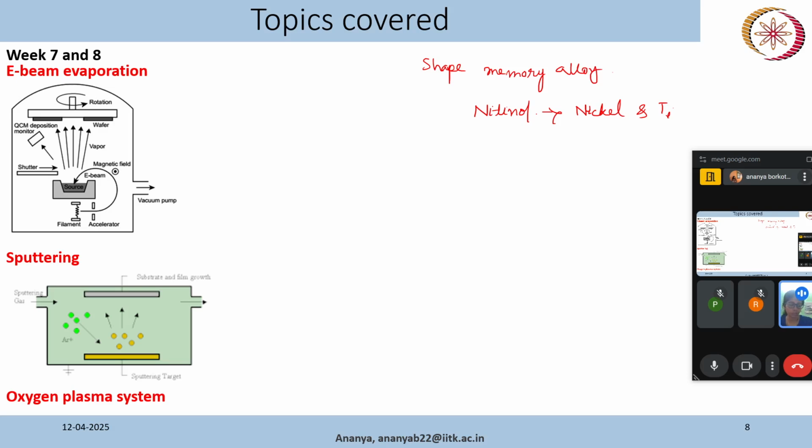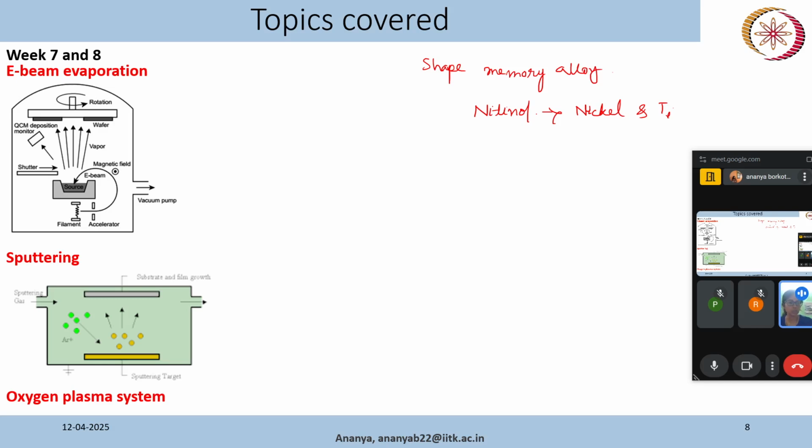One is the low temperature phase, which is martensite, and the other is the high temperature phase, that is austenite, right? So it remembers the high temperature phase. As soon as the temperature reaches the phase transition temperature, it will go back to its original shape. Okay, that's very interesting.